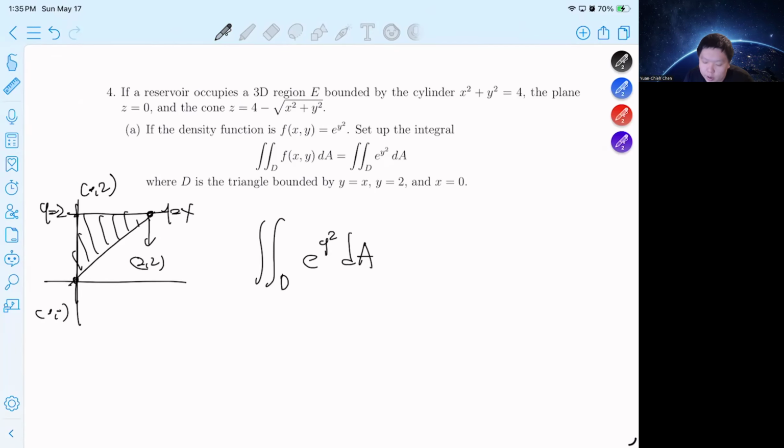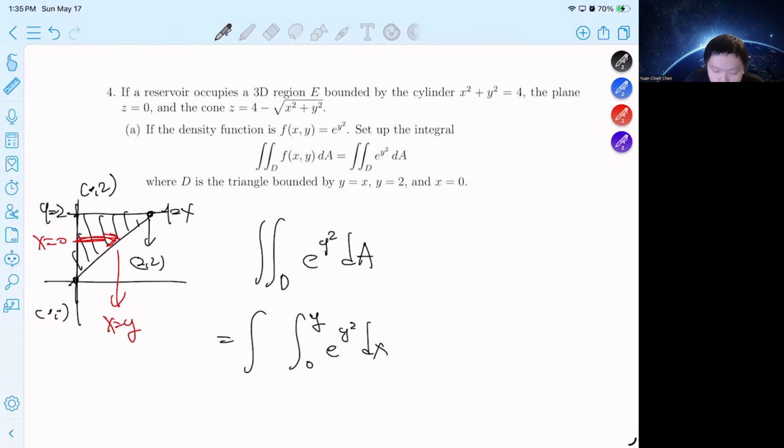So again, this is a working method. If I integrate with x first, I need to see where x goes from where to where. So x goes from here to here. So x goes from 0, but this is y equals x, so x equals y. So this will be 0 to y, e to the y squared dx, and y now is just a number.